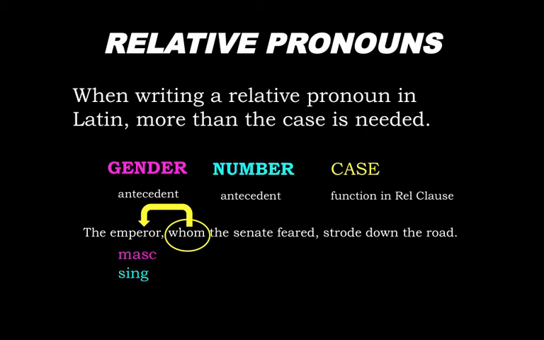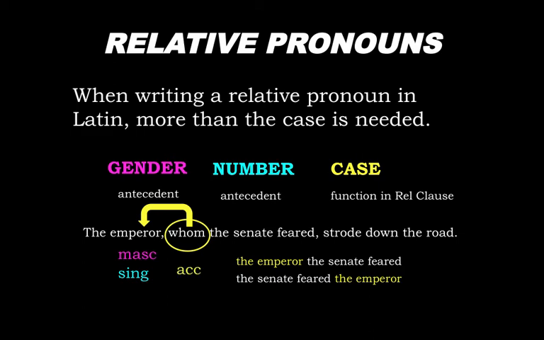Now we have to figure out the case of whom, and by doing that we're going to plug emperor in for whom. So then we have the emperor the Senate feared. But that's not really an English word order, so we have to rearrange it to say the Senate feared the emperor. So in that case, it would then be accusative.